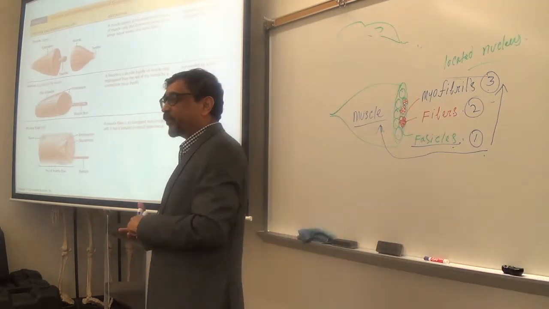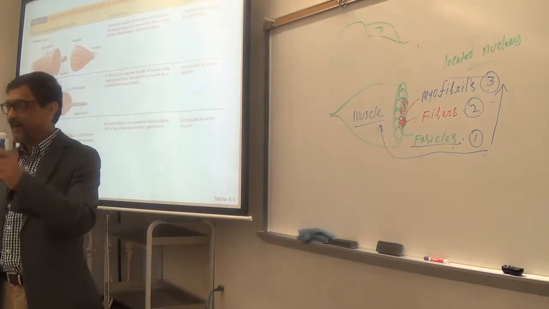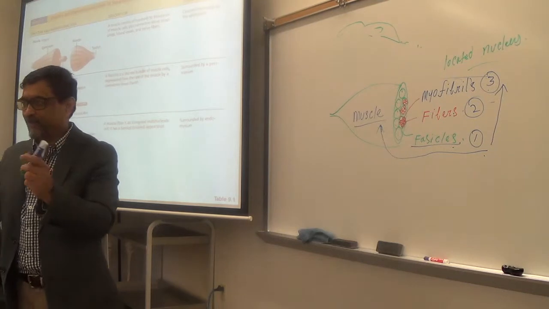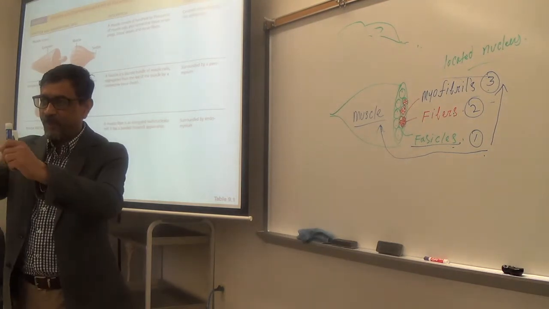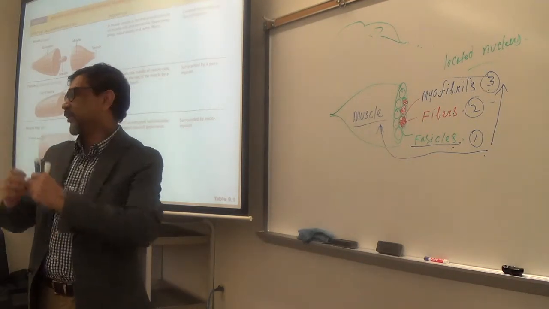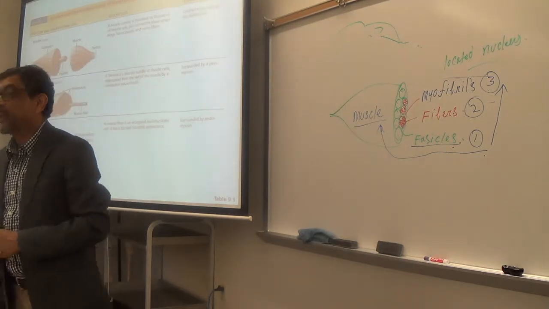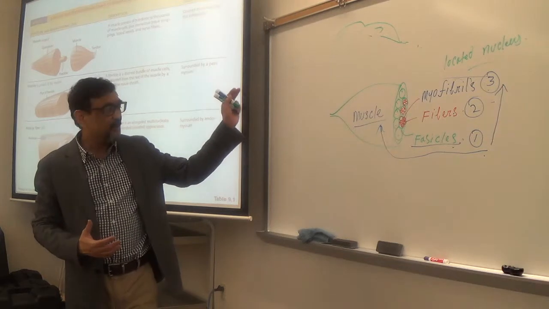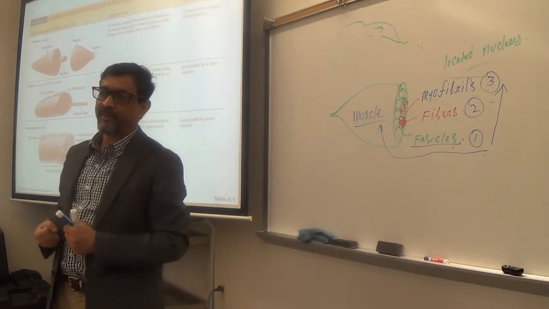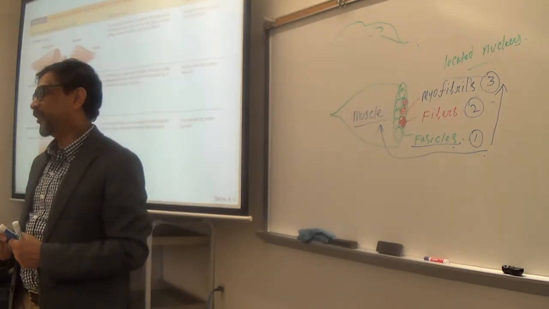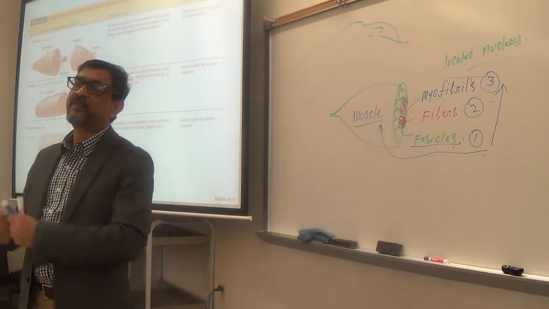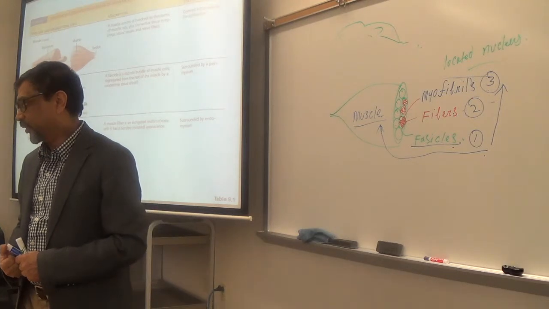So you see how beautifully the muscle is designed, right? Columns within columns: big column, smaller columns, then further smaller columns, then the smallest columns. This type of organization gives the muscle strength and flexibility, both.